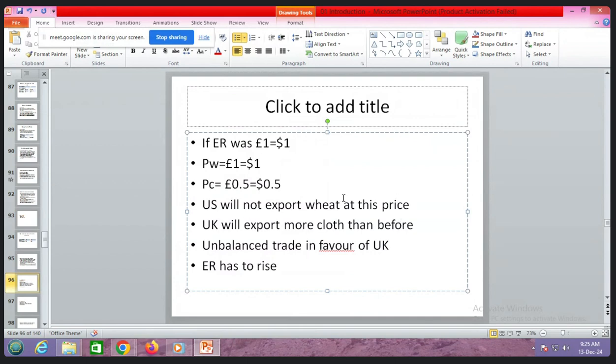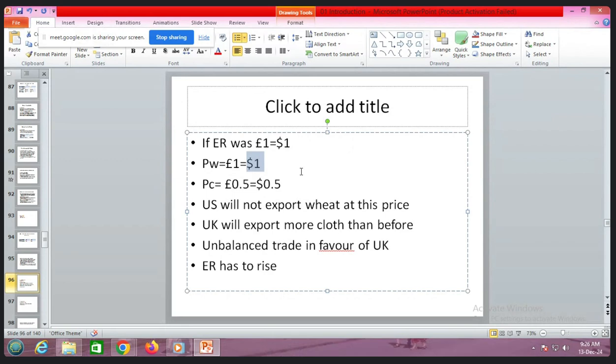So UK does not want any wheat at this price because it is able to produce the same amount of wheat domestically. But UK will want to export more cloth because the price of cloth is having a severe advantage here. So UK will want to export more cloth than before, whereas US will not export any wheat because it is going to get $1 for one.